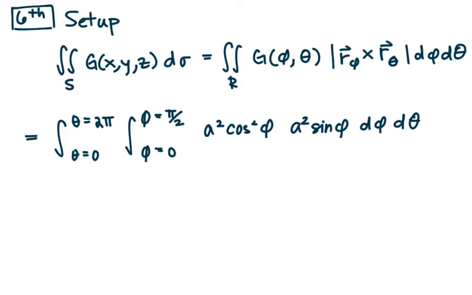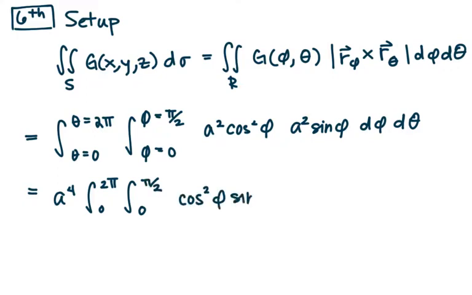I'm going to go ahead and run through that. I'm going to pull out my a to the fourth. Got my integral from 0 to 2 pi, an integral from 0 to pi over 2 of cosine squared phi sine phi d phi d theta. And of course, this can be integrated with a nice u substitution.